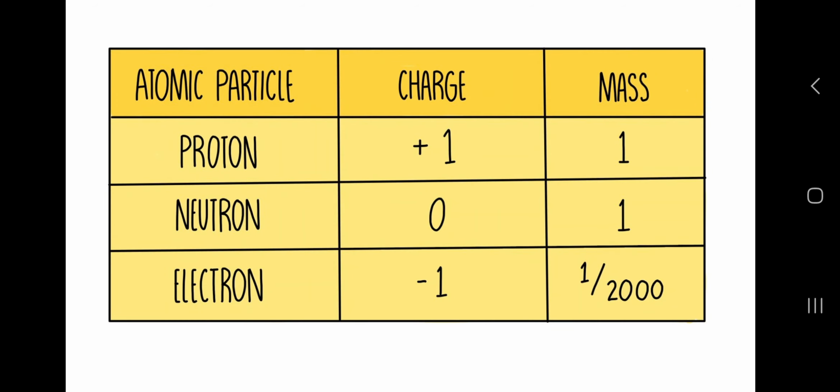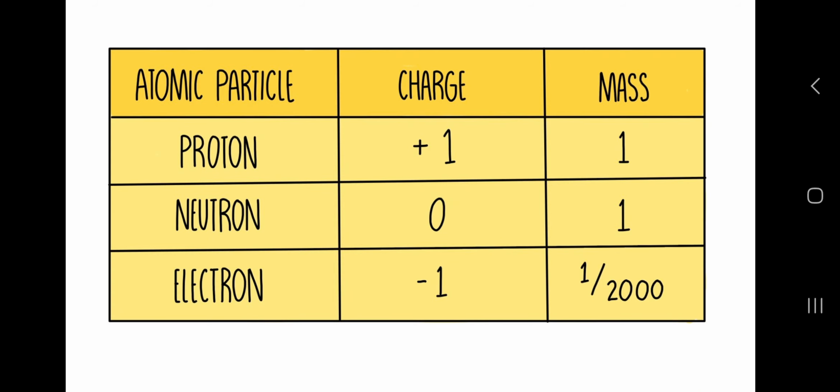So here we have the chart I was talking about, which has the atomic particle name, the charge of it, and the mass. As you can see, the mass of an electron is really small. It's over 1/2000. The charge of a proton is +1, as you can see here.